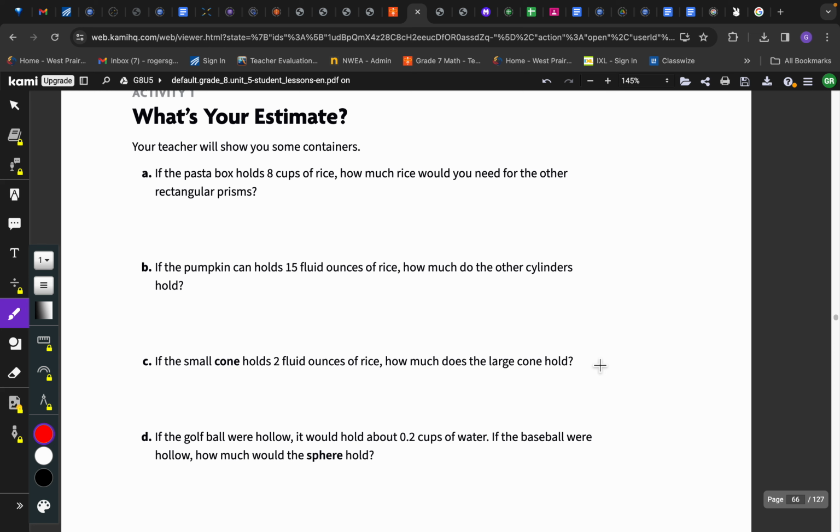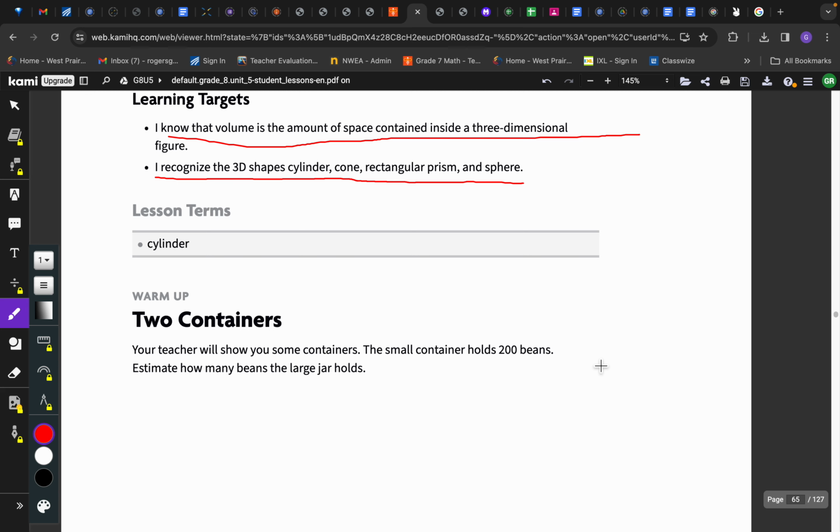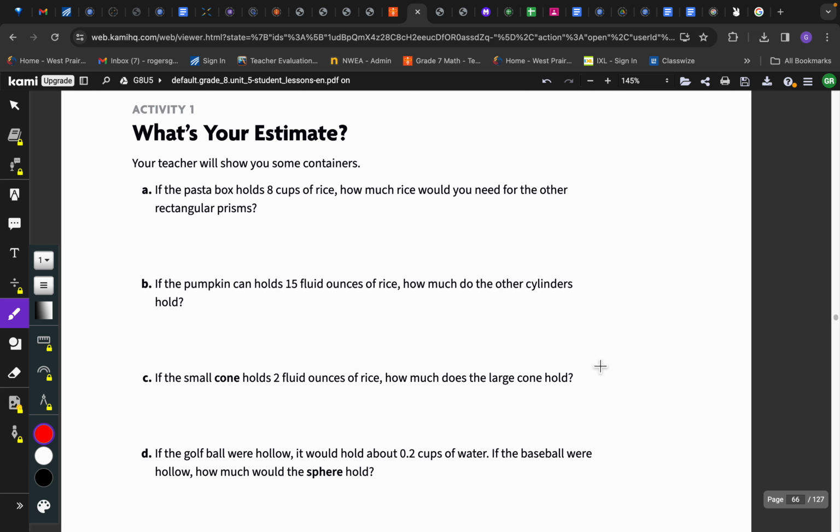The actual answer is 1,000, by the way, or about 1,000. So how close did you get? Hopefully you got closer to that after I told you it was more than quadruple 200. Now I'm going to show you some more containers, and we're hopefully going to get a little bit closer in our guesses. So I'm going to show you a picture of a pasta box, and that pasta box holds 8 cups of rice. If you're going, wait, why is there rice in a pasta box?